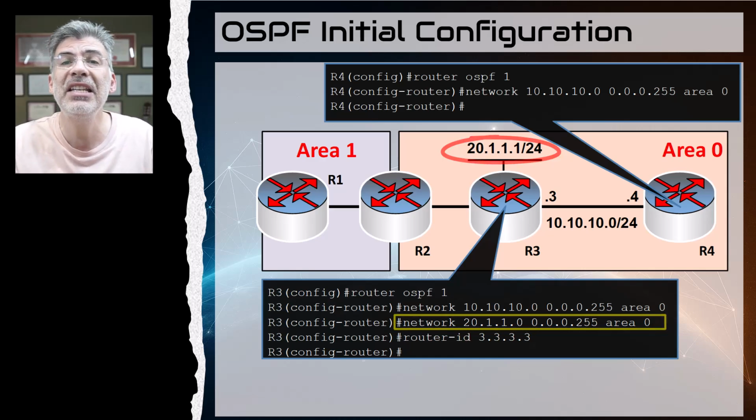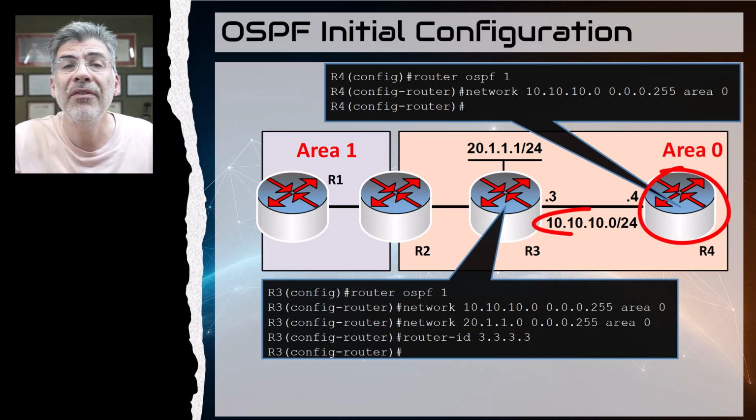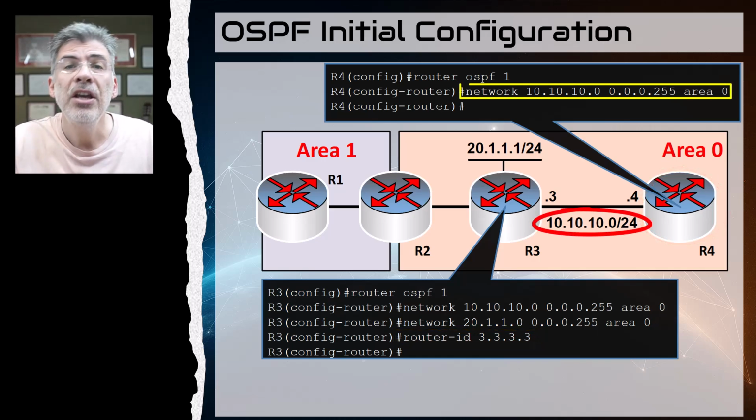I've also explicitly configured the router ID of R3 to be 3.3.3.3, and we'll be using that shortly in our verification. On R4, we see the network of this link is included in OSPF, so the neighbor adjacency should come up across this link.